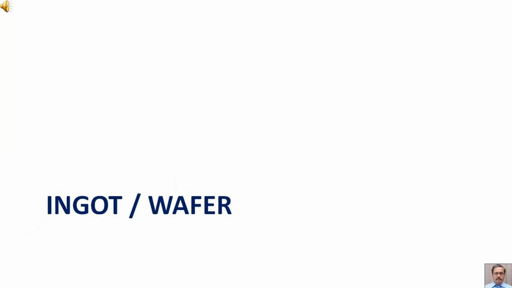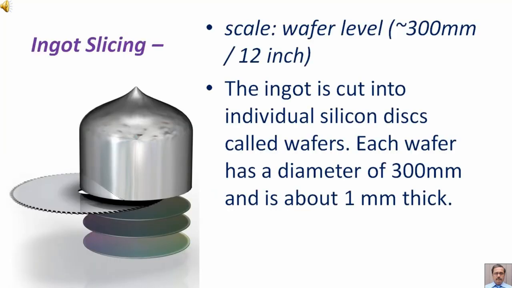Now we are going to discuss how the ingot is converted into wafers. Ingot slicing. The ingot is cut into individual silicon discs called wafers.